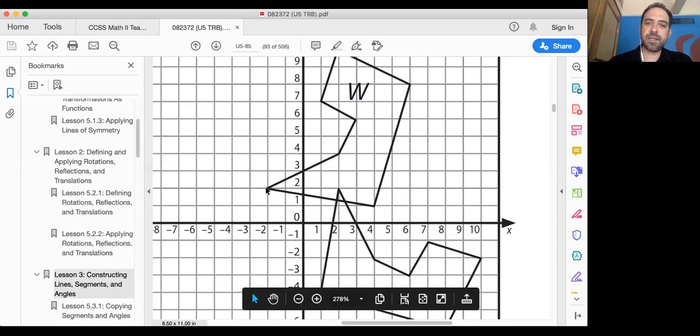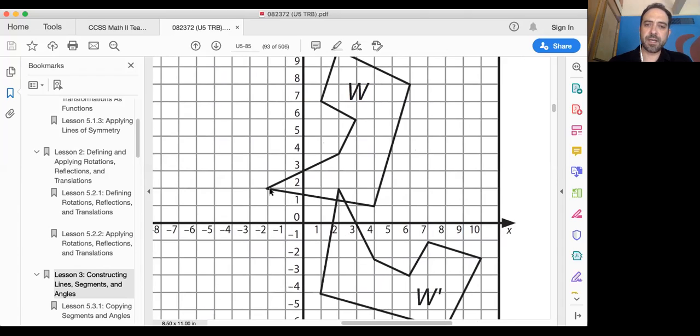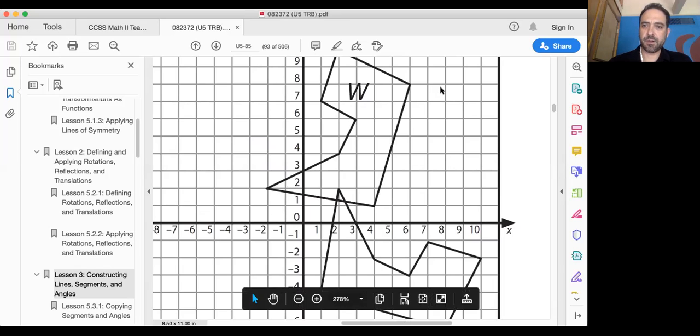And this point right here, going from here to here, we started with negative 2, 2, and we end up with 2, 2. So negative 2, 2 ending up with 2, 2, what we're doing is a rotation of 90 degrees.